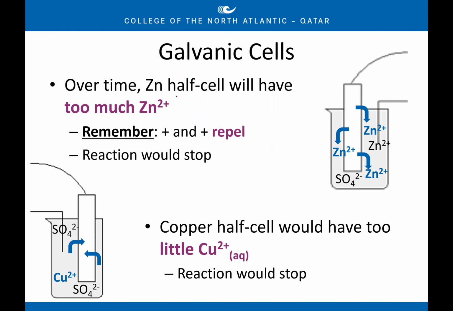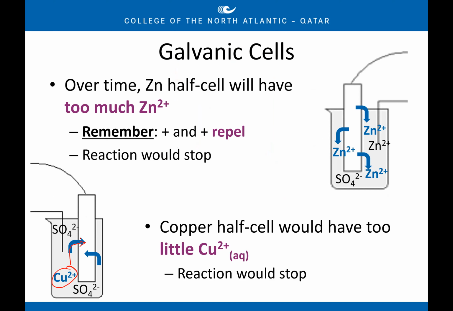Think of the same reaction before. As electrons leave, the zinc ions are going out into the solution, and it's going to happen all the time, over and over and over. On the other side, the copper half cell would run out of copper to react with. So the reaction will stop unless we balance the charges, or I guess I could say close the circuit.